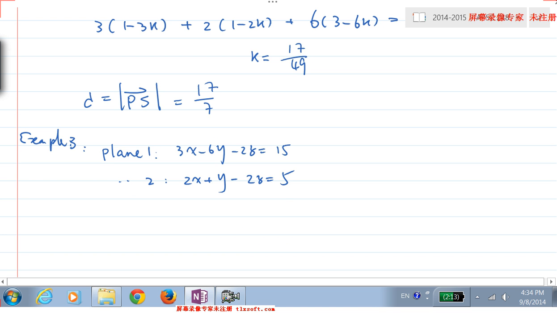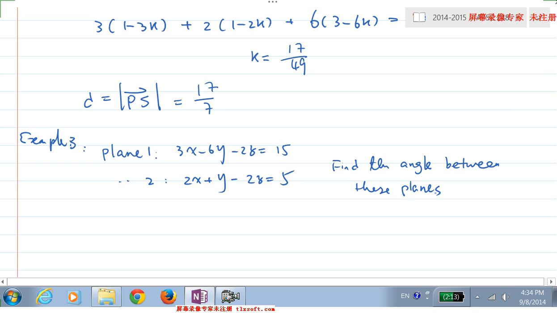If you have two planes given, then my question is, what's the angle between the two planes? Find the angle between these two planes. So, geometry: here are two planes.